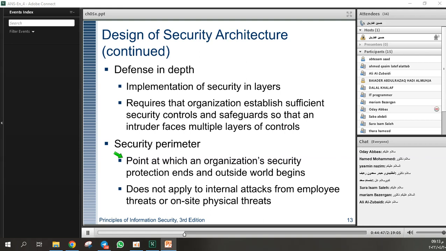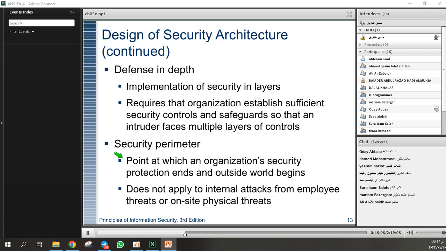At the border, my security protection techniques and tools end.